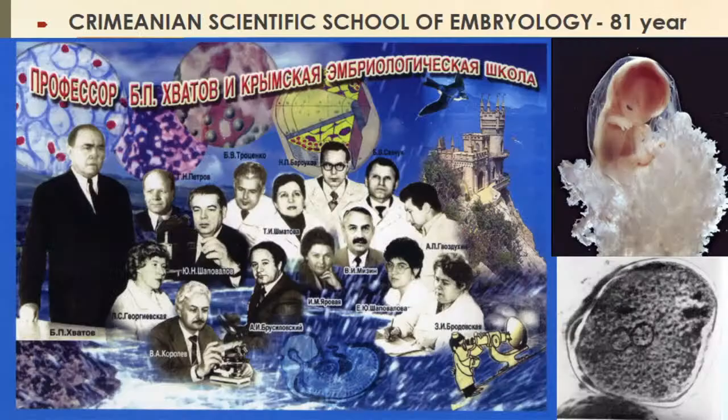Next, we're talking about our Crimean Scientific Embryological School. This year we celebrate 81 years of this scientific school. We have seen here one of the early stages of human development, the two pronuclei of the zygote before fusing, which was made in our department. And also we have seen here the fetus in the amniotic sac, and the chorion.